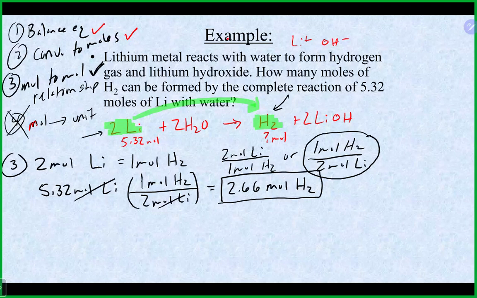So what this number represents is if you, in this particular reaction, put in there 5.32 moles of lithium, everything went perfect, no side reactions, you weren't a klutz and dropped everything all over the floor, you should produce in this reaction 2.66 moles of hydrogen. This is known as a theoretical yield.